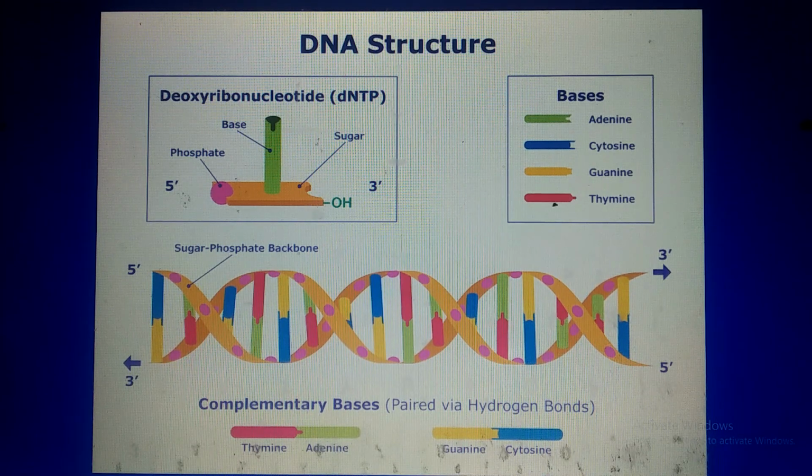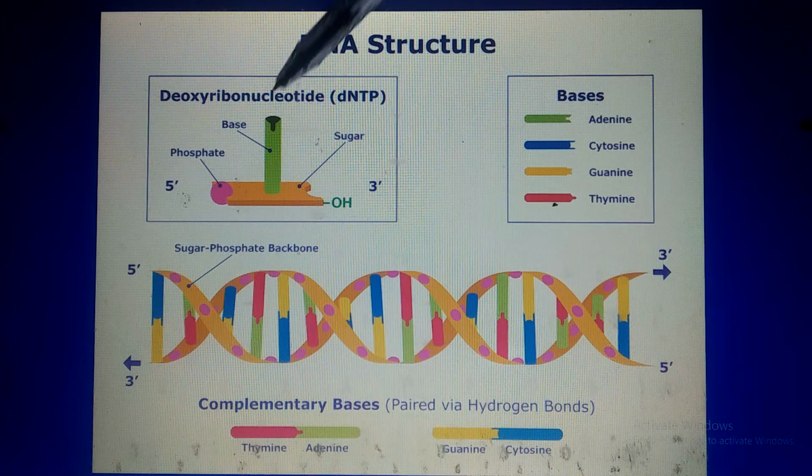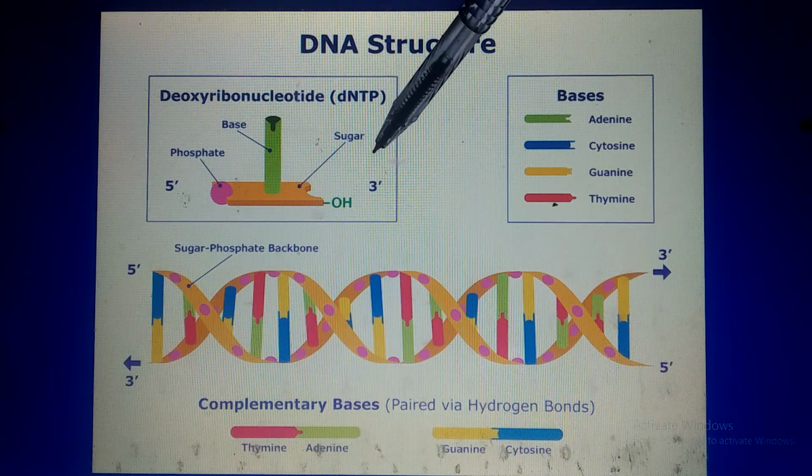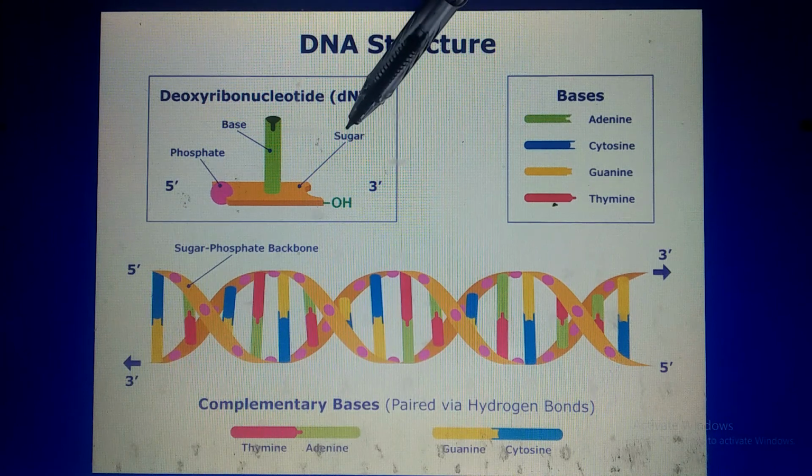deoxyribonucleotides, or nucleotides simply, and the single nucleotide, as you can see here, consists of a phosphate group, a nitrogenous base, and a deoxyribose sugar. Is it clear? So one nucleotide consists of how many groups? 3 groups.